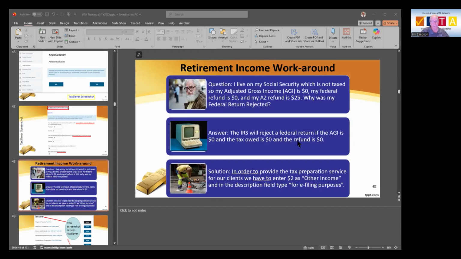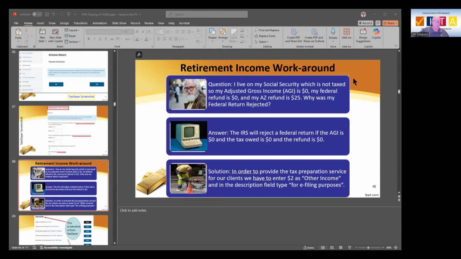And yet we encourage them to come and have their returns done. If Social Security is their only income, they're going to get a property tax or a renter's tax credit, plus they're going to get a $25 kind of refund of their sales taxes. But more importantly, it protects their identity, so nobody can file a return using their Social Security number.